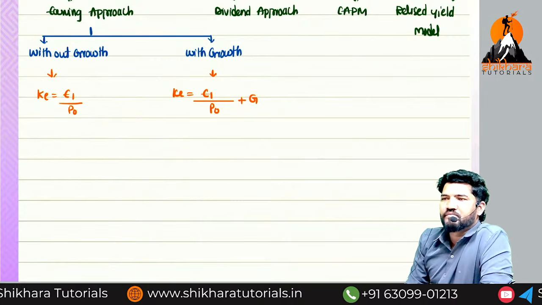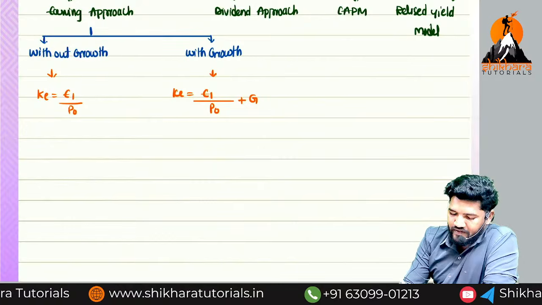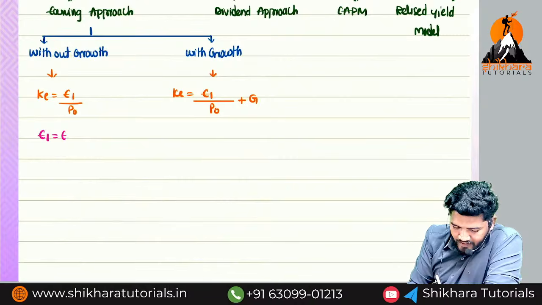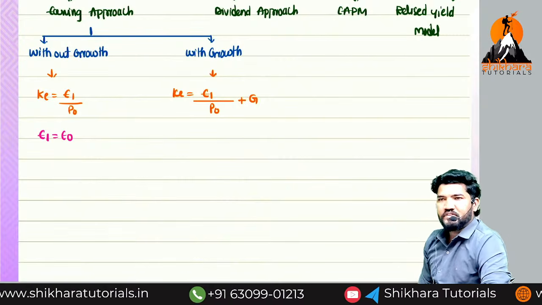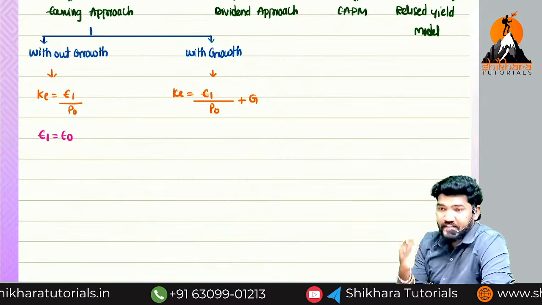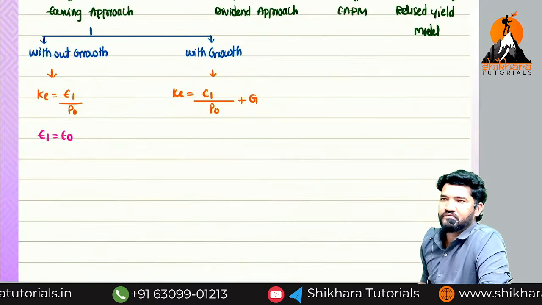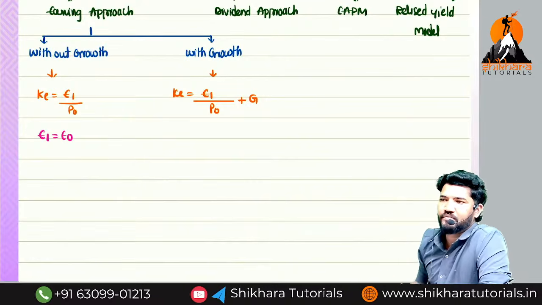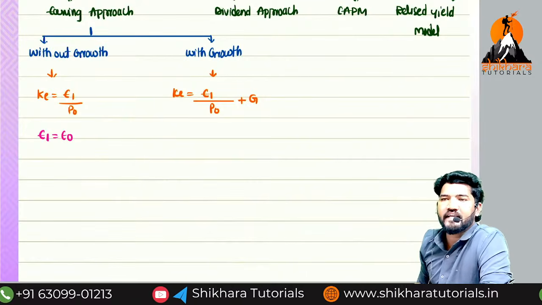Are you guys clear? Now one more point I will tell here. Sorry, I said dividend, not dividend, earning. Here, E represents EPS, earning per share, from the point of view of one share. You can take the total, that is called total earnings.